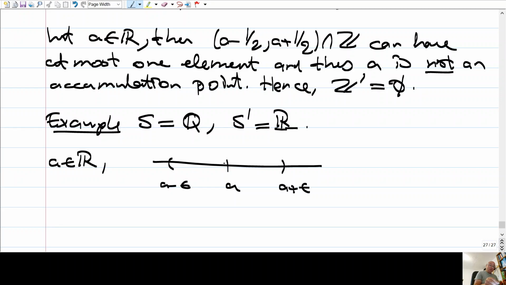This interval contains a rational number, right?